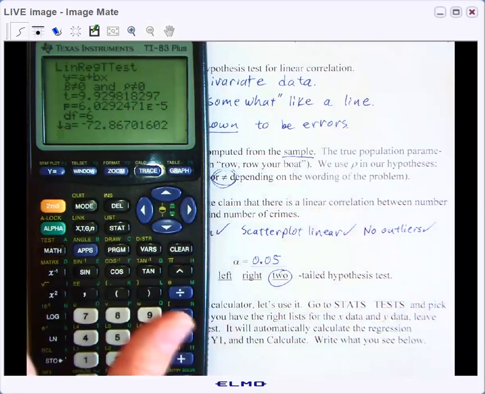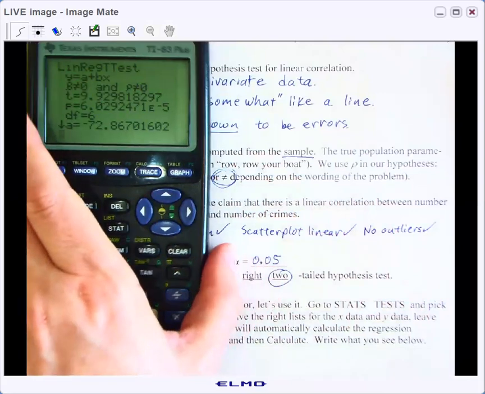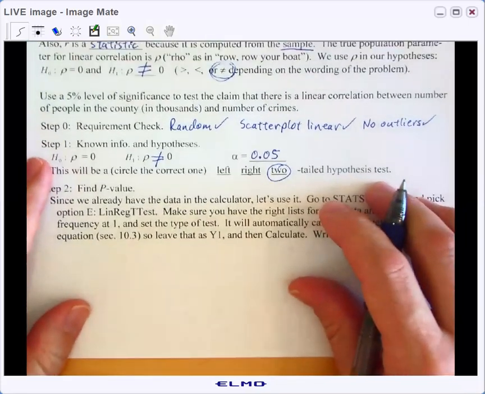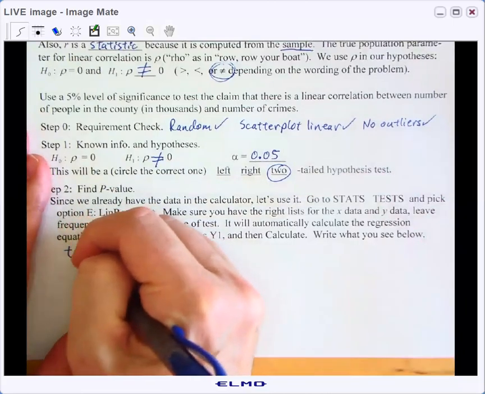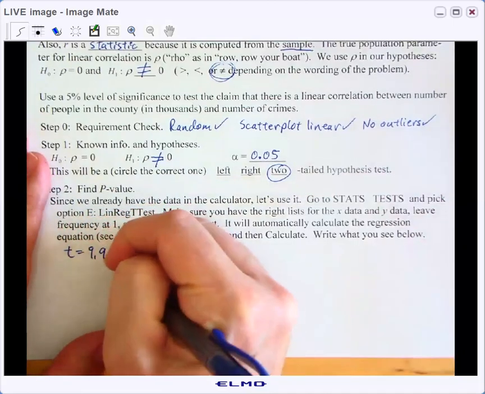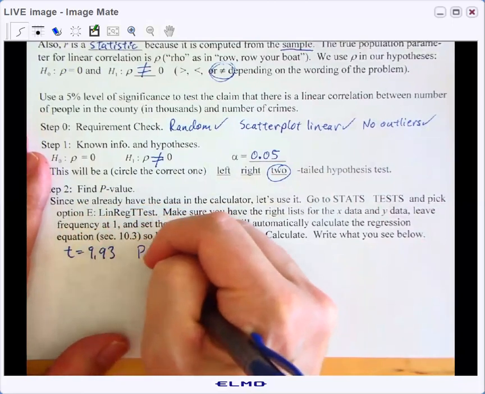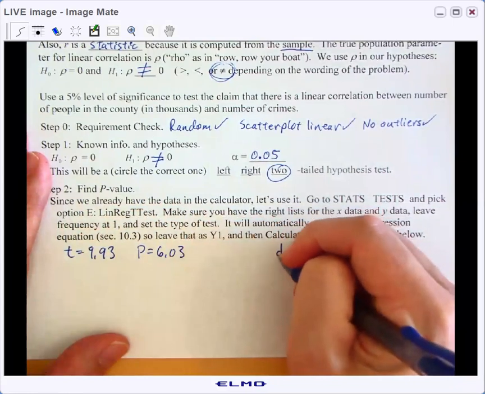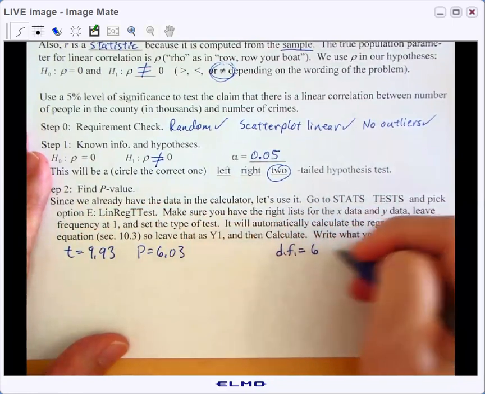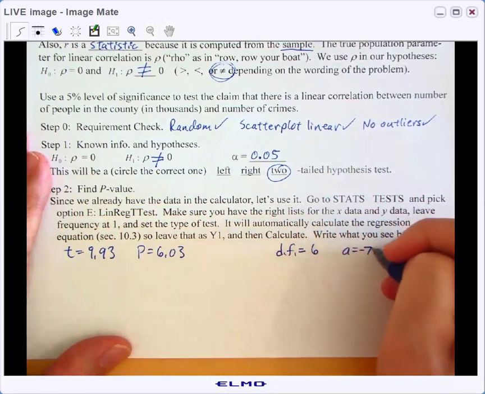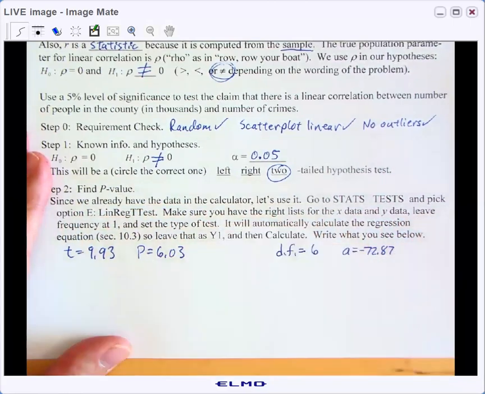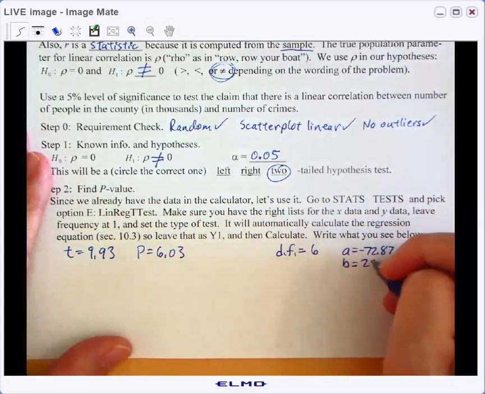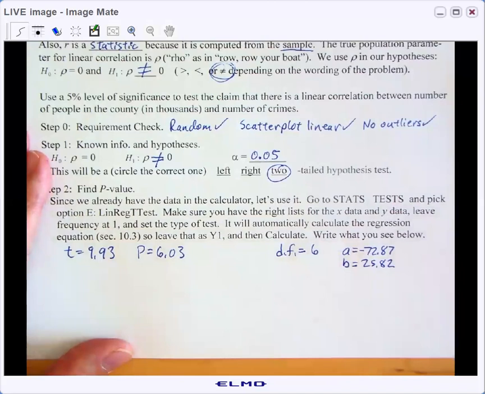Wow, check this out. We get lots of good stuff that I want you to write down here. So let's move this up so we can see this. We find out that t equals 9.93, p equals 6.03, df equals 6, a equals negative 72.87, b equals 25.82, and all kinds of good stuff.